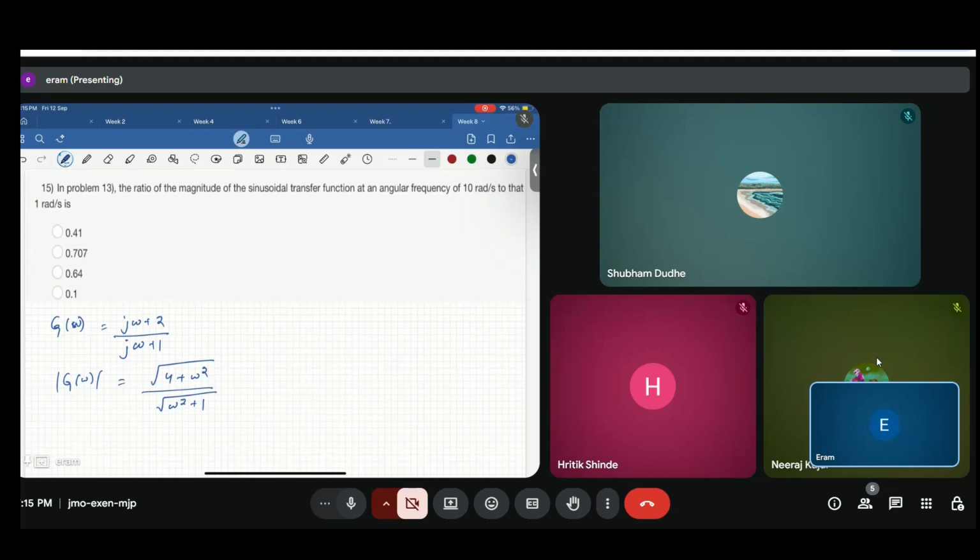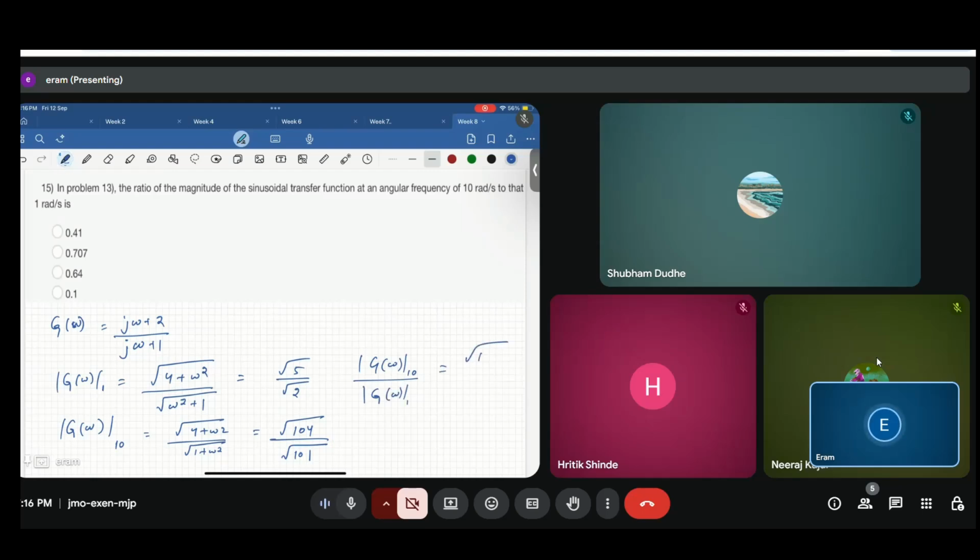Then if you take the ratio at 1 and at 10, at 1 it will be root 5 by root 2, and at 10 this will be under root 104 divided by under root 101. You have to do G(10) divided by G(1).